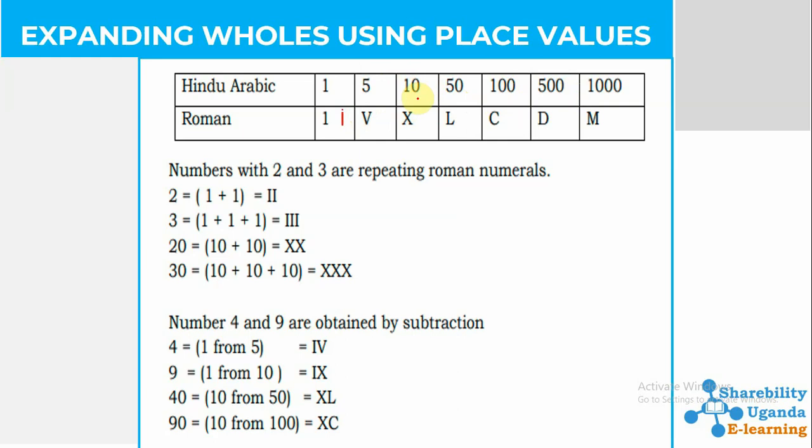Then our 10 is X in Roman numerals. If we have our 50, it is L in Roman numerals. 100 is C. Then 500 is D. Then our 1000 is M. For the level of this breakdown, which is P5, we shall stop at 1000.